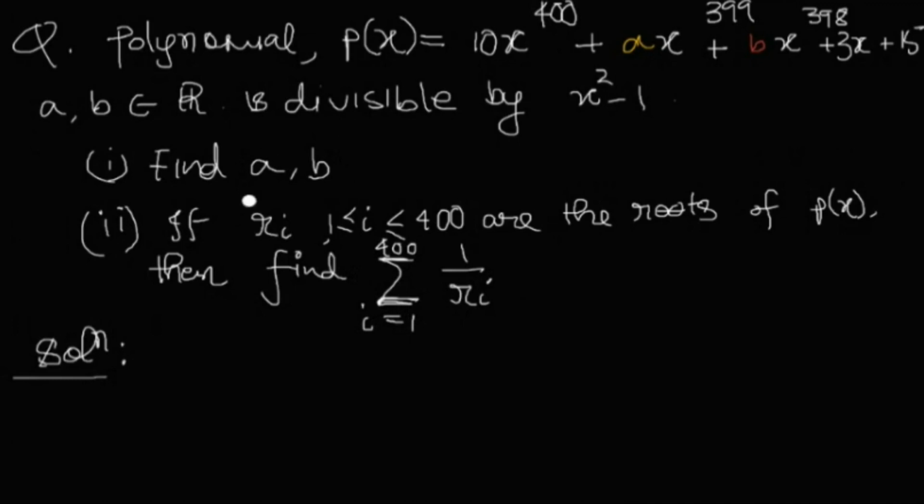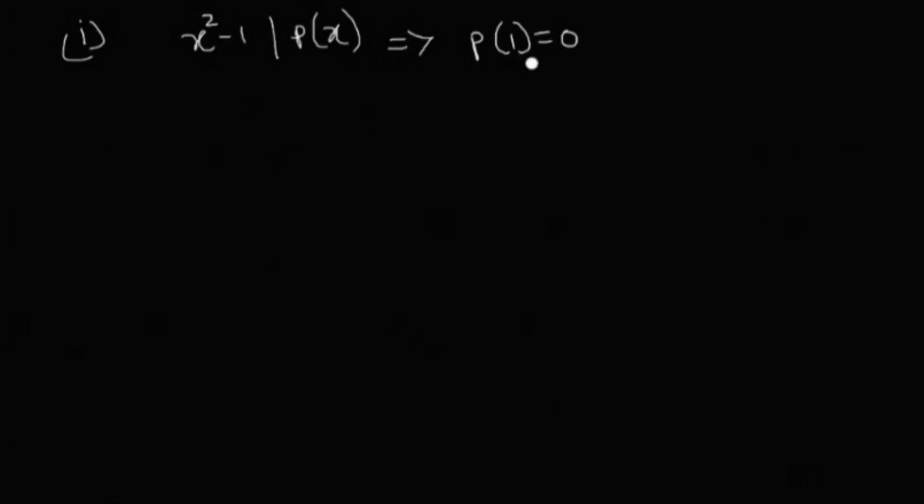Is the question clear? Do you have any questions? Can we easily find a and b? If you can find a and b, try to solve part 2. So the first part is simple. Because x^2 - 1 divides p(x), you can say that p(1) will be 0 and p(-1) will be 0.